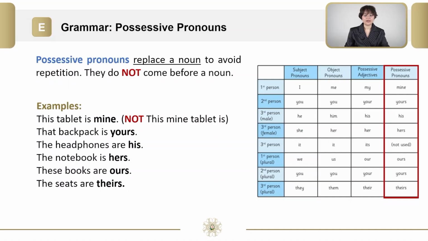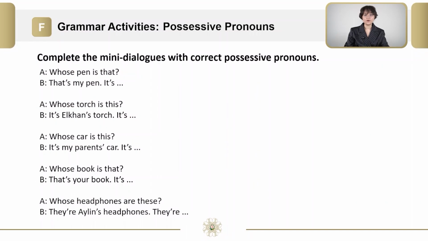We cannot say this my tablet is. That backpack is yours. The headphones are his. The notebook is hers. These books are ours. The seats are theirs. Now let's check if you understood the topic of possessive pronouns well.